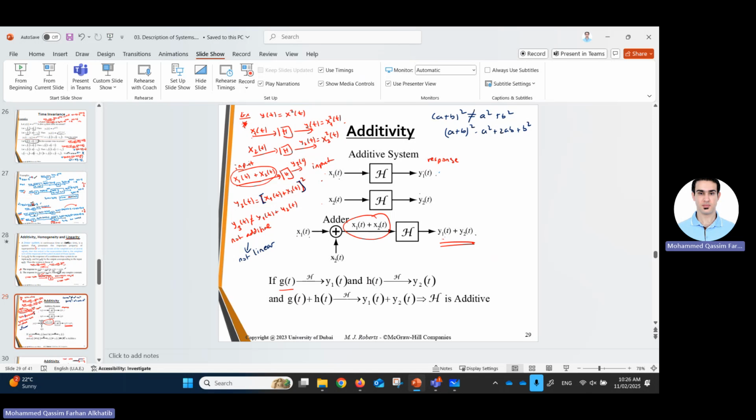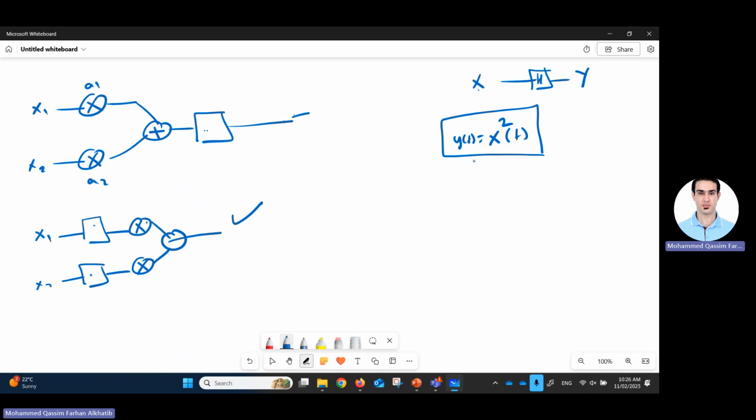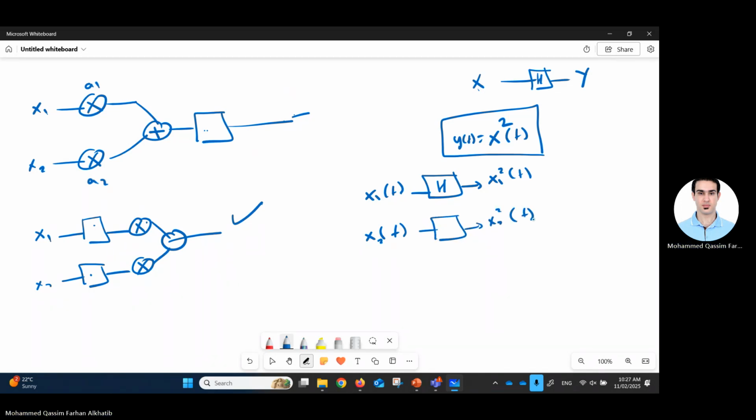So if you want to apply the additivity to the system that was provided there. So x1 of t, if you apply to the transformation, you will get what? x1 squared of t. x2 of t will lead to what? x2 squared of t.